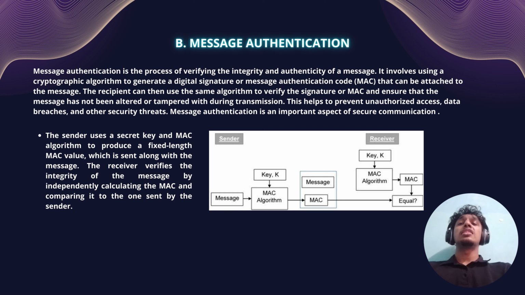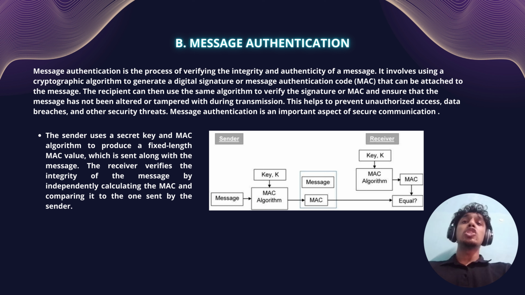Now I will talk about message authentication. Message authentication is the process of verifying the integrity and authenticity of a message. It involves using a cryptographic algorithm to generate a digital signature or message authentication code, which is called MAC, that can be attached to the message.